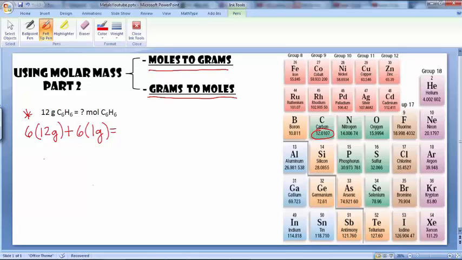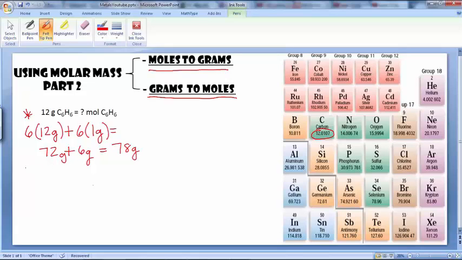So that is equal to 72 plus 6 grams, and that is equal to 78 grams.